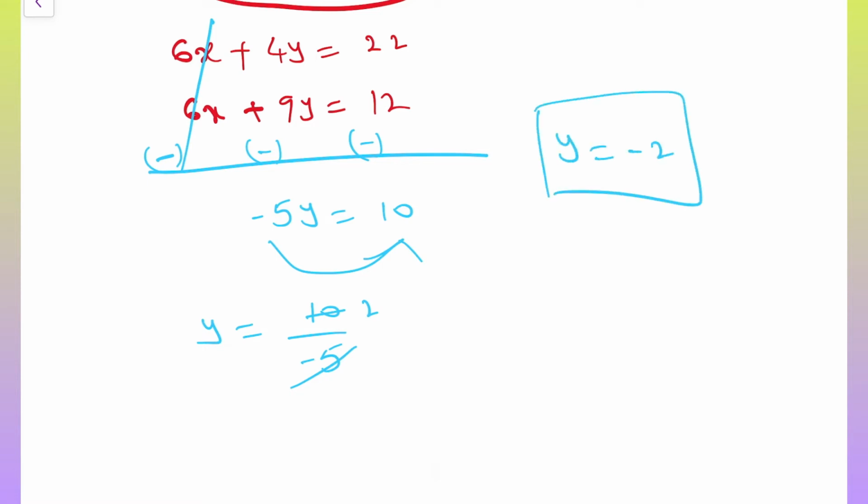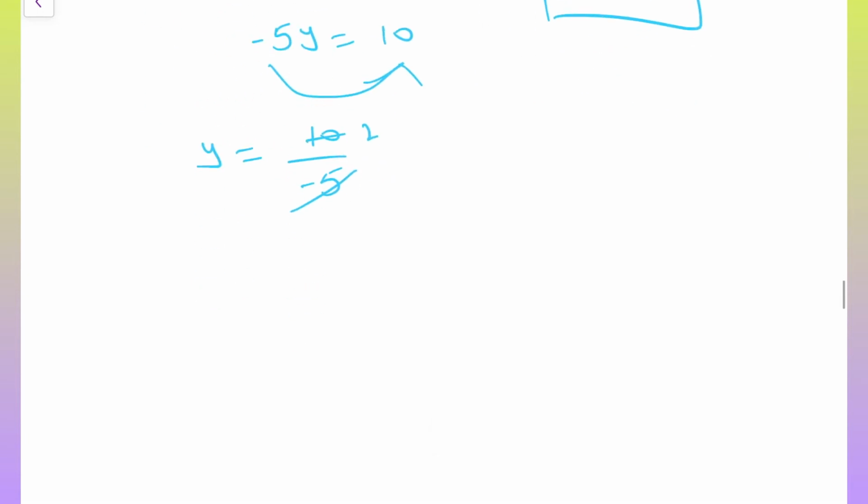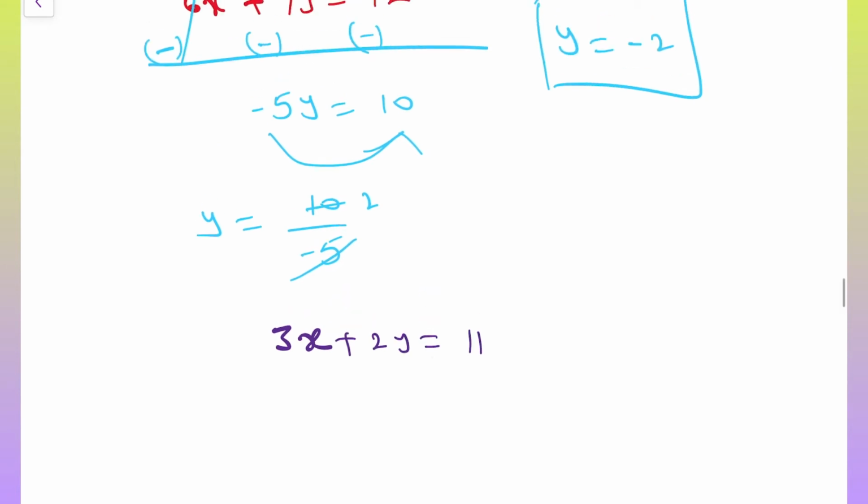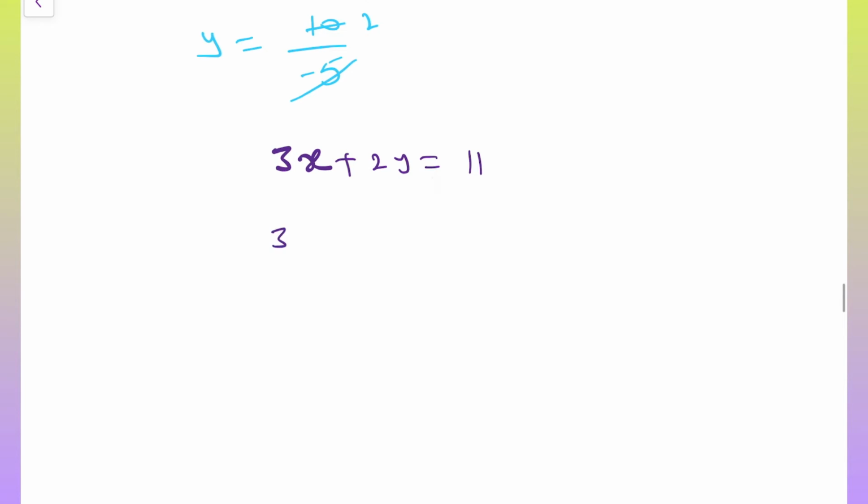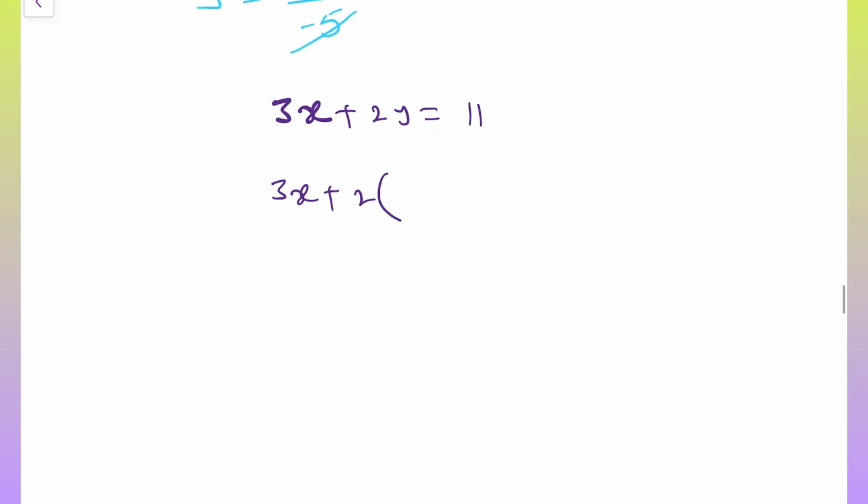Now this y value we can substitute in any one of the equations. So I am taking the first equation, that is 3x plus 2y equals 11. So 3x as it is, plus 2 into what is the y value? Minus 2, equals 11. 3x plus, into minus, minus 2 times 2 is 4, equals 11.